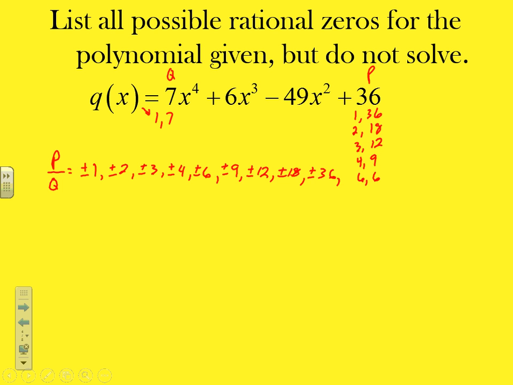Now we have to say all of the p numbers over the 7 of the q factors.